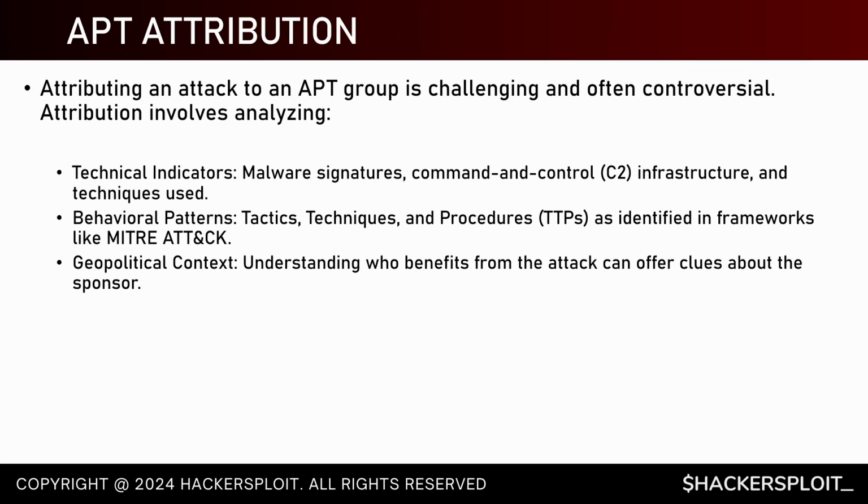So the key point I wanted to make here is that attributing an attack to an APT group is quite challenging and often controversial. Attribution typically involves analyzing technical indicators, so malware signatures, command and control infrastructure, so think of domains and stuff like this, and the techniques used. You also have the behavioral patterns, which we actually went over, so TTPs, as identified in frameworks like the MITRE ATT&CK framework, and then of course the geopolitical context. So understanding who benefits from the attack can offer clues about the sponsors.